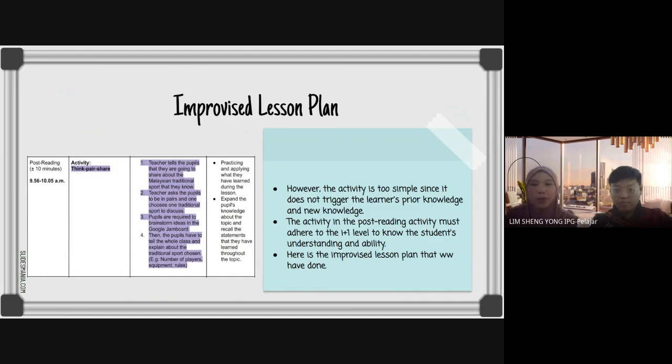Instead, they go beyond their current stage, think about other Malaysian traditional sports that they know, and then discuss and share. That is the improvised lesson plan that we have changed according to the input hypothesis theory. Okay, next, Shayong, let's go to the conclusion.